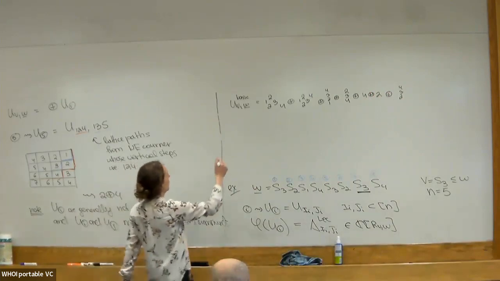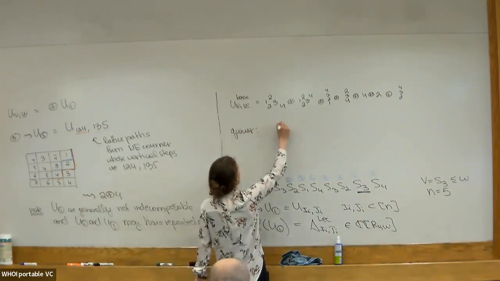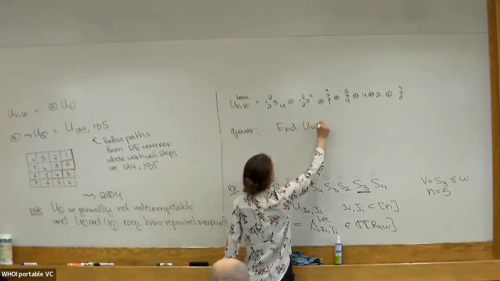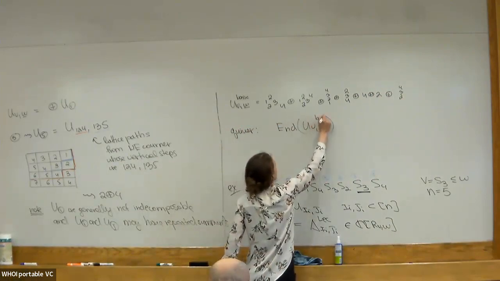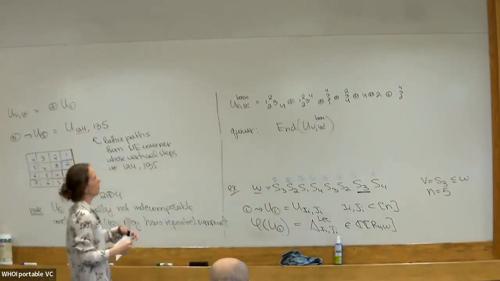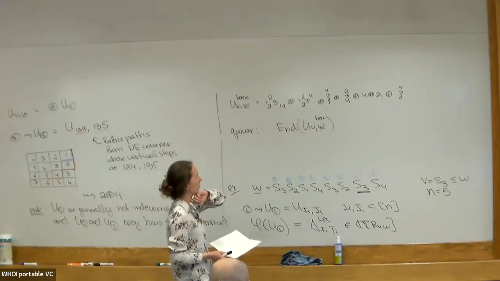And now remember, if you want to know the quiver of the seed, then you have to take the endomorphism algebra of this object. So this means you want to look at all the irreducible morphisms between the modules here, and this would be your quiver.